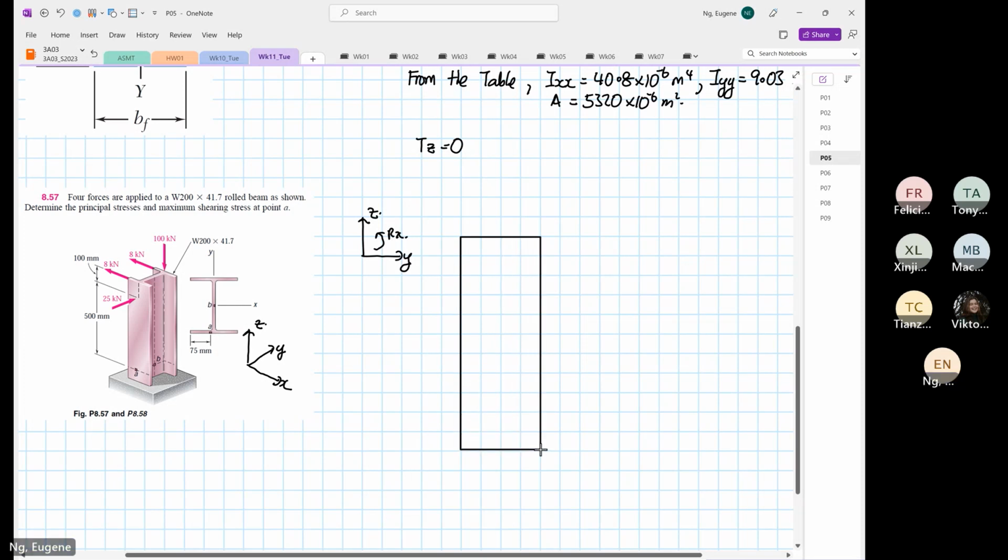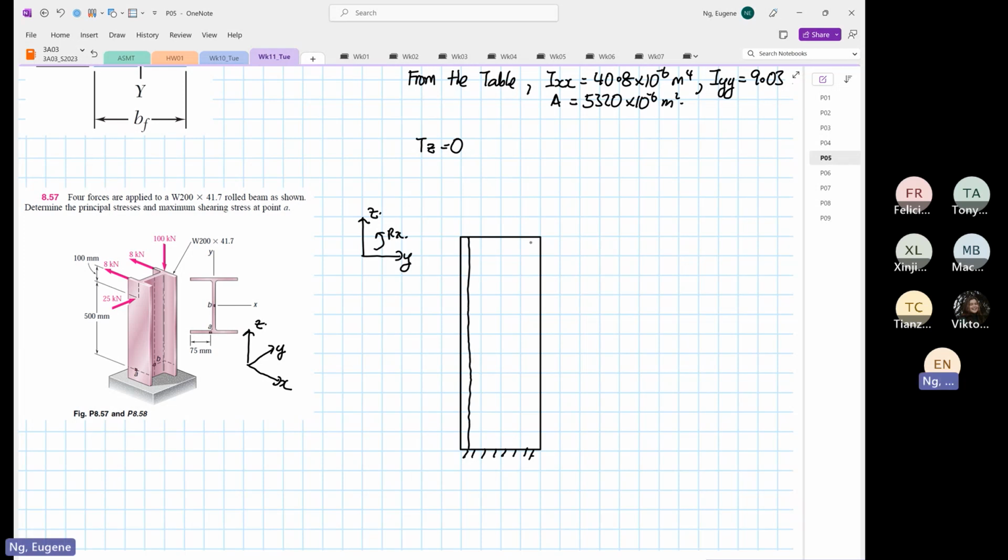Okay, and then this is built in, and then we have two lines here, so you know where we're looking at.